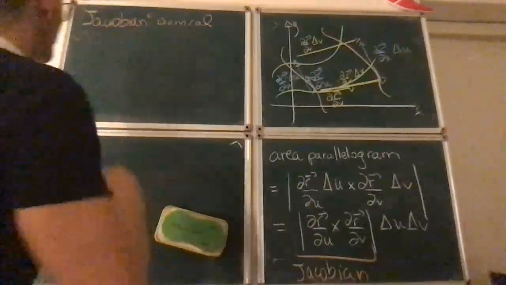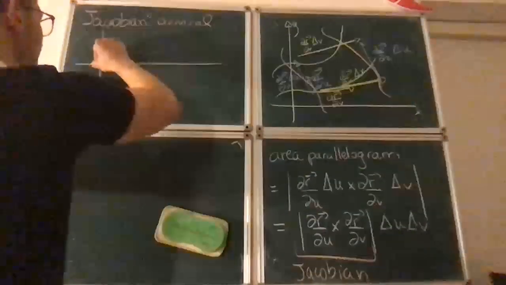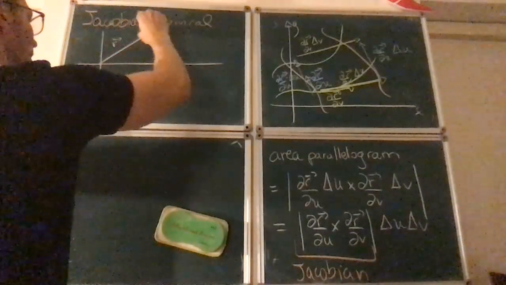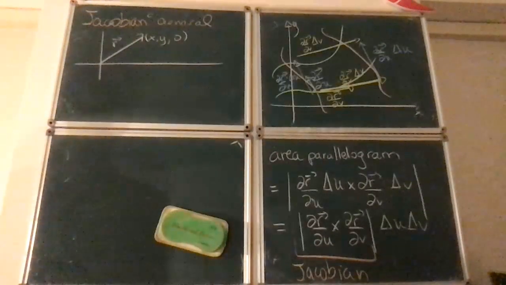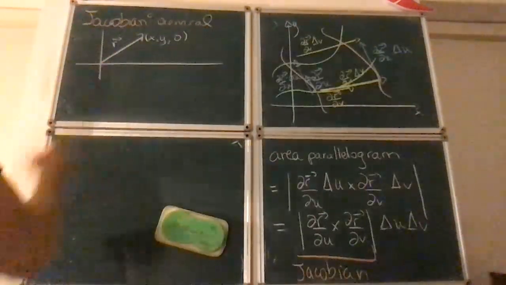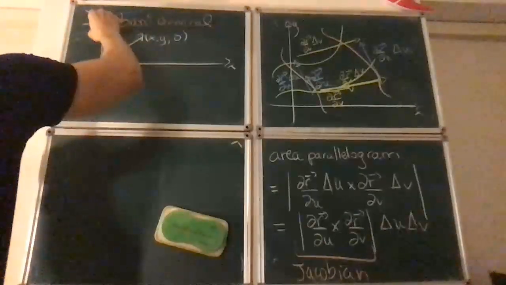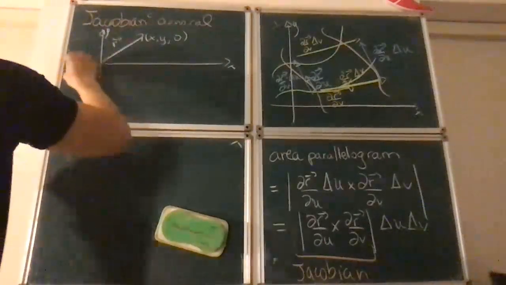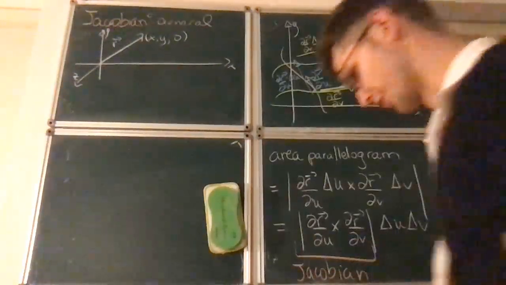So you should think of a point, the position vector of a point here, r = (x, y), as secretly being in 3 dimensions, with the z-axis pointing towards you. So that way we can compute this cross product.